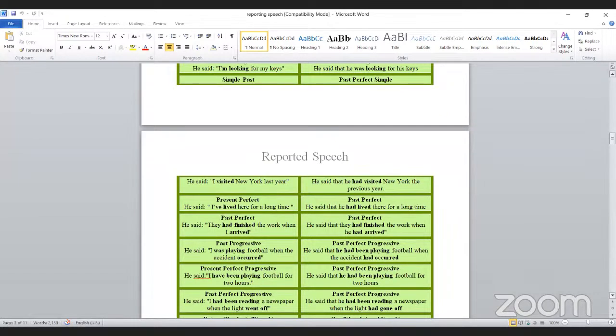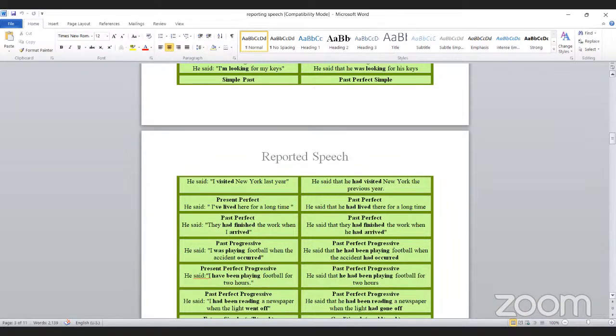And past progressive. If it's in past progressive, he said he was playing football when the accident occurred. So your sentence should be in past perfect progressive, past perfect continuous. He said that he had been playing football when the accident had occurred.